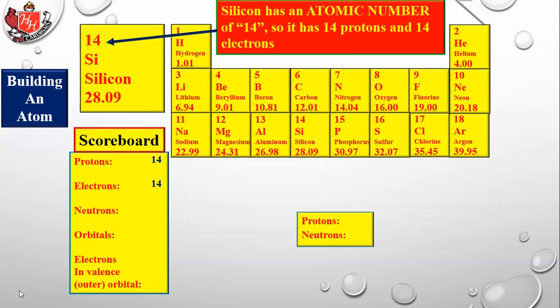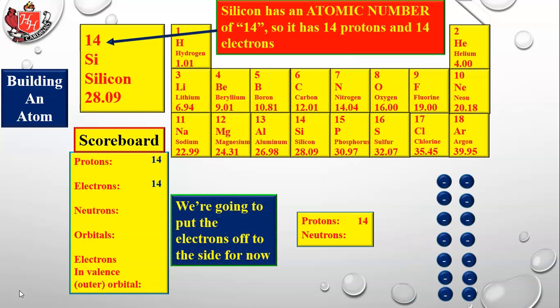So right now we've determined that there's 14 protons and 14 electrons. And we can go ahead, that rectangle represents our nucleus. It's drawn as a rectangle so as not to confuse it with orbitals, which will be more circular. Okay, and we're going to take those 14 electrons, we're going to put them off to the side right now. We're not quite ready to place them yet.